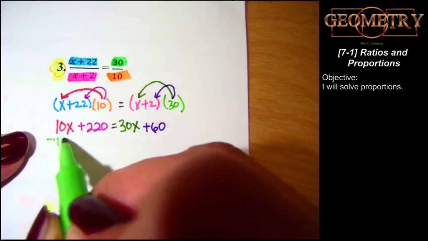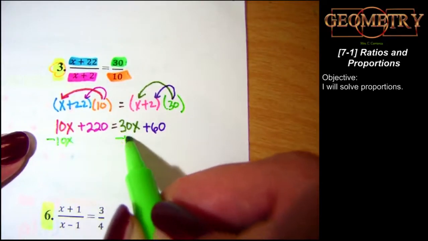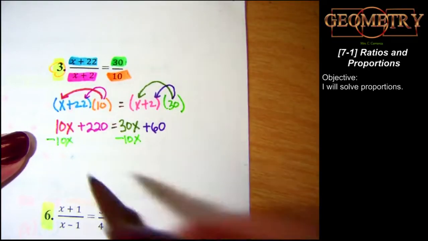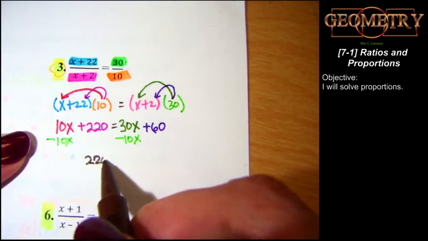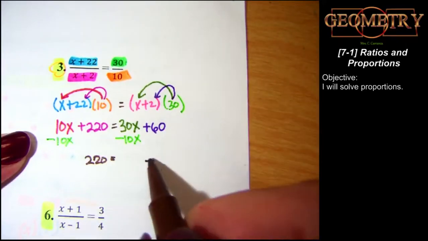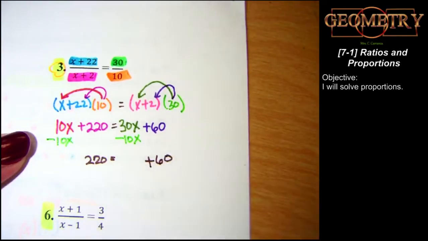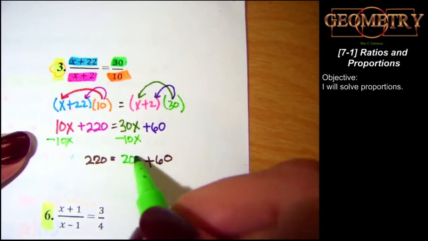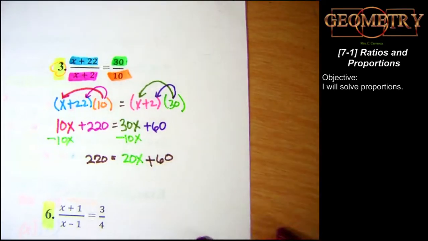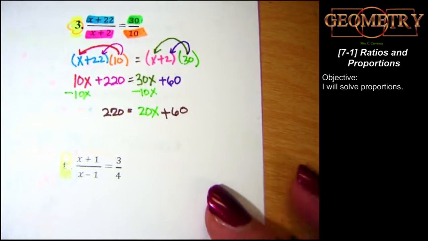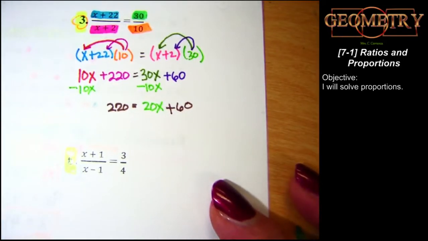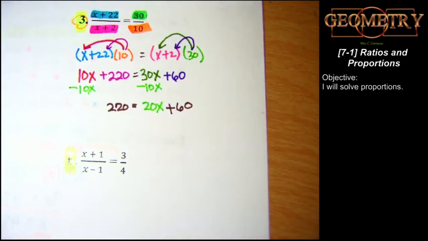I'm going to move the 10x because I'm a very big believer in positivity, and I don't like it when my variables get sad and start getting negative with themselves. If I subtracted 30, I would end up with a negative x, and I want x to be happy, so I want him positive.